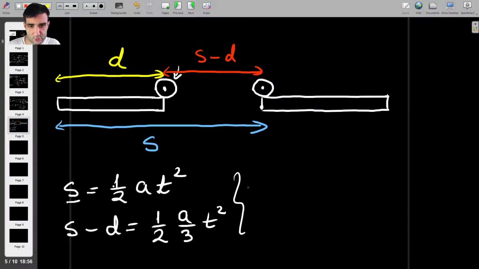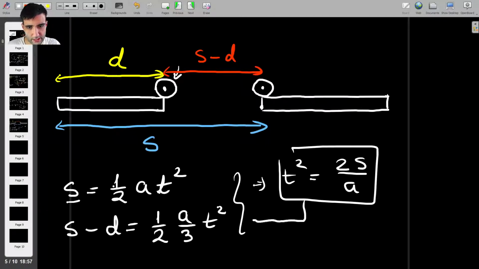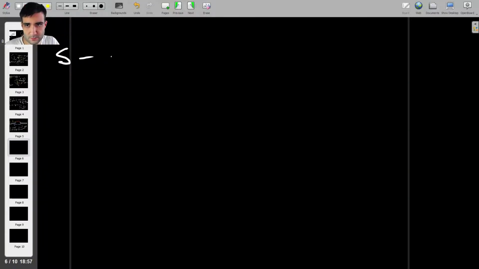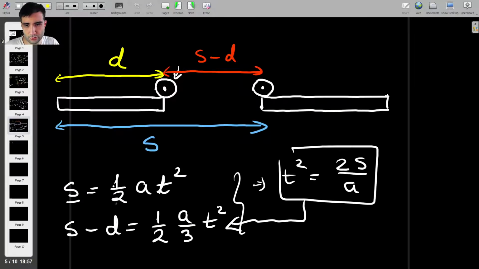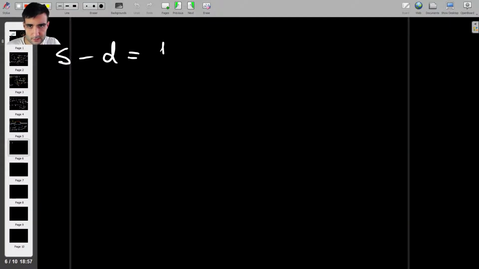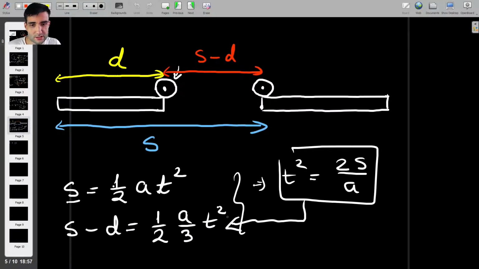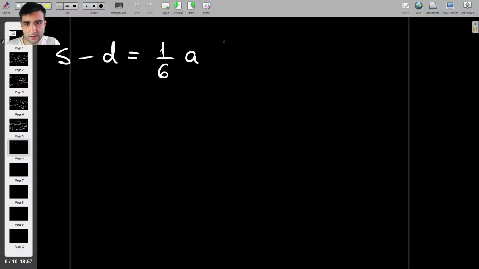So from the first equation, we can take out t squared. So t squared will just be 2s over a. And we take this t squared and put it back into the second equation, and this is what we get. So s minus d is equal to 1/2 times a over 3, so it's going to be 1 over 6a, and then instead of t squared, I'm going to write 2s over a.